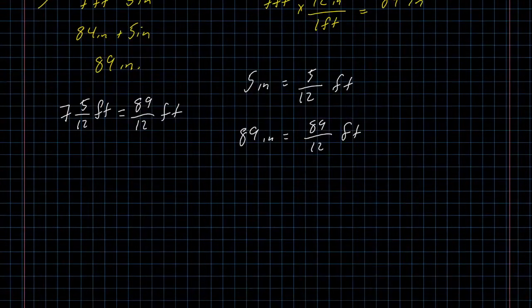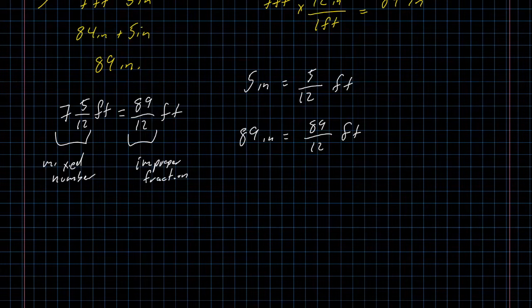When we combine whole numbers and fractions, like we did right here, we call that a mixed number. When we have a fraction with a bigger number on top than on the bottom, we call that an improper fraction.